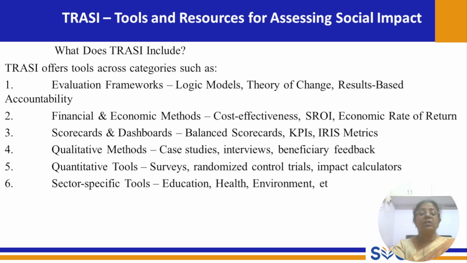Under scorecards and dashboards, we have balanced scorecards, KPIs, and IRIS metrics. Qualitative methods include social case studies, interviews, and beneficiary feedback. Quantitative tools include surveys, randomized control trials, impact calculators, and sector-specific tools for education, health, environment, etc.